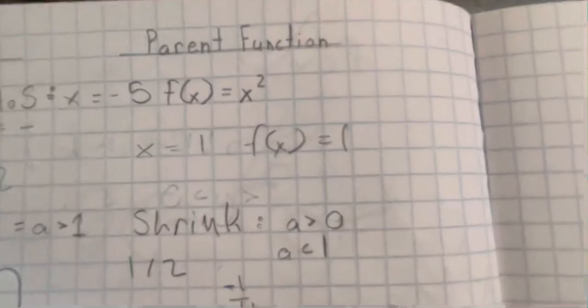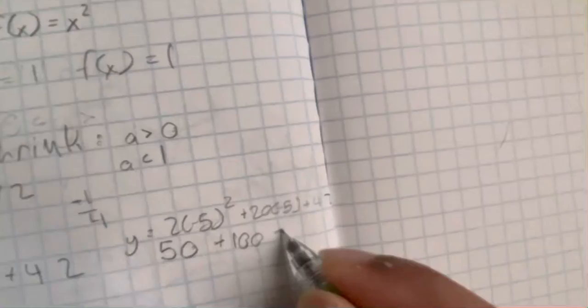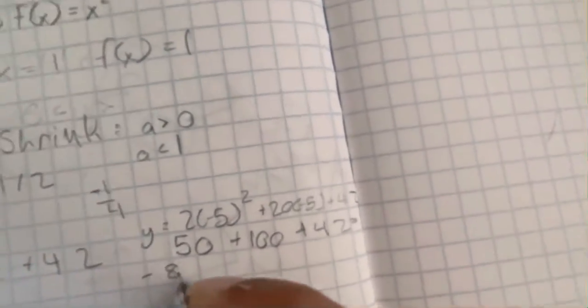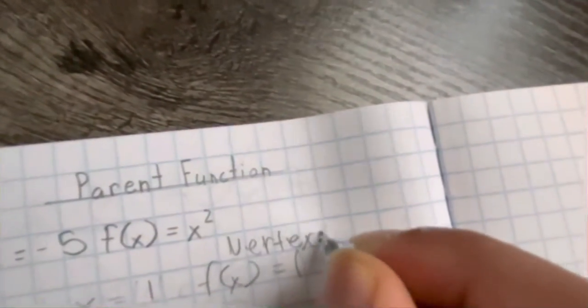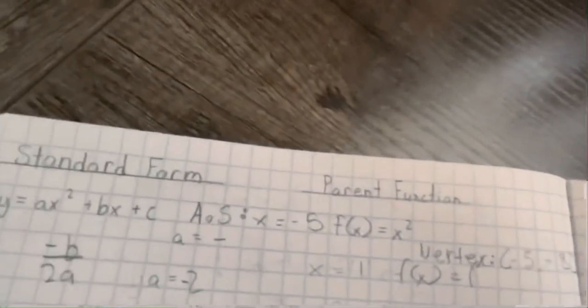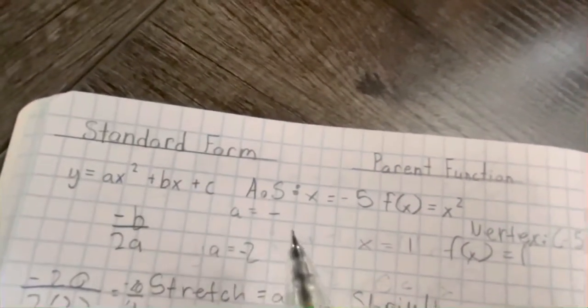Then 20 times -5 is -100, so we have 50 plus -100 plus 42, which comes out to -8. So our vertex would be (-5, -8), and that's how you get it from a standard form equation.